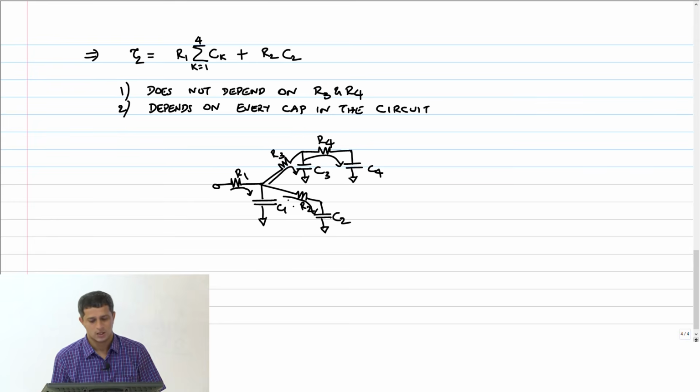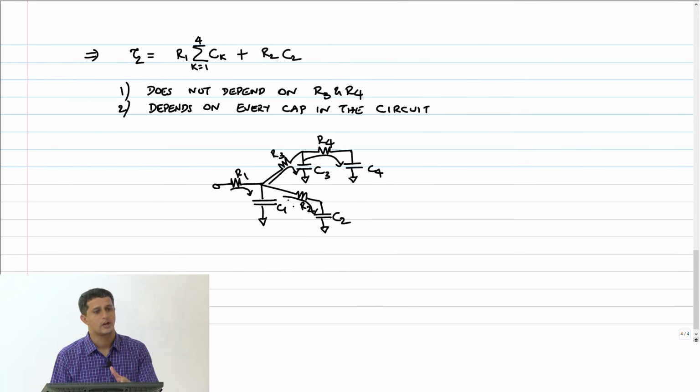Now you can also do a limiting case. Suppose I make R3 and R4 0. What will happen to the capacitors C3 and C4? What's the net capacitance at node 1 then? So that is one other check that you can do.